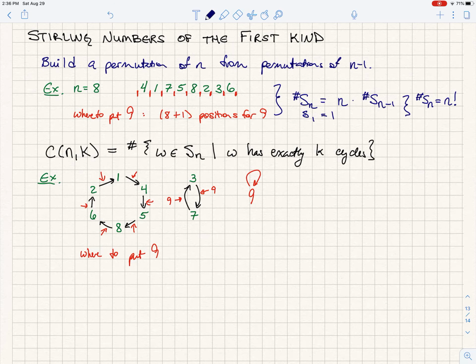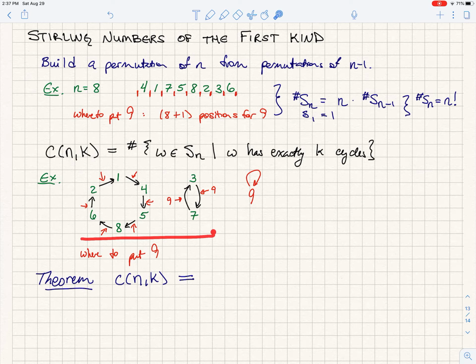So that gives me the intuition to go ahead and write down my formula for the recurrence relation for C(n, k). So C(n, k), well, maybe we'll call this a theorem. Again, I'm trying to relate it to n minus 1, so I get to use the C(n-1, ...) numbers. If I put it on any one of these positions, I have not changed the number of cycles.